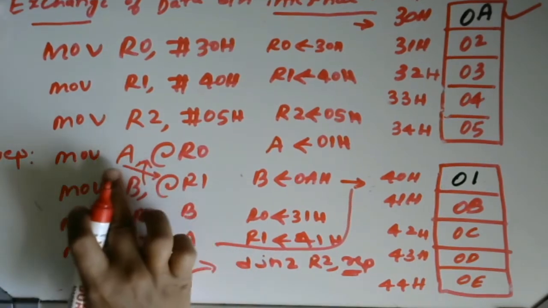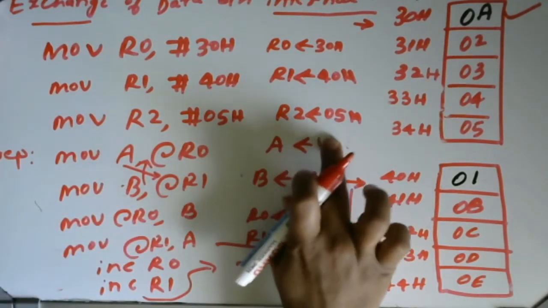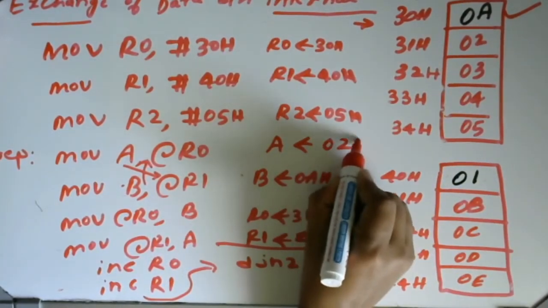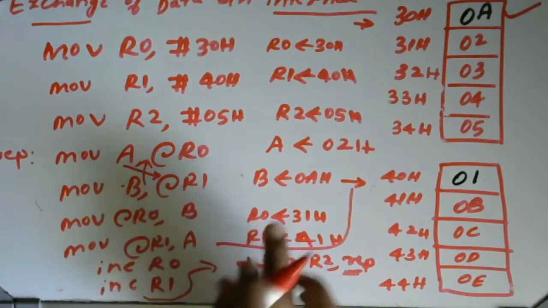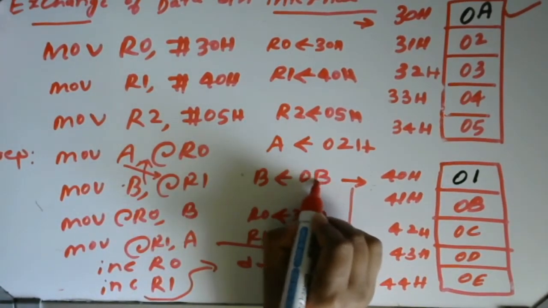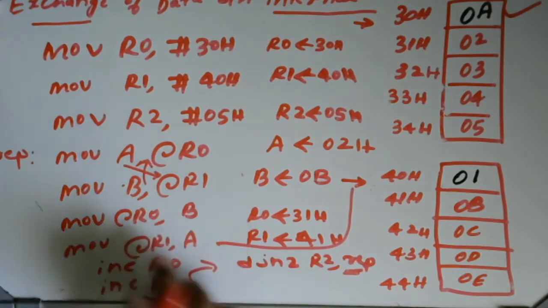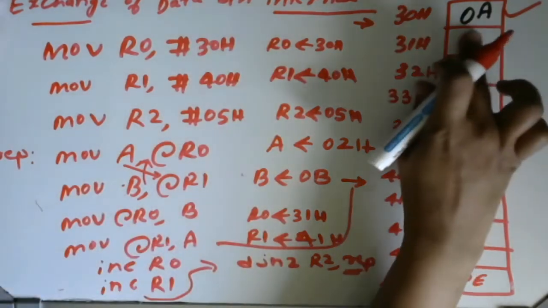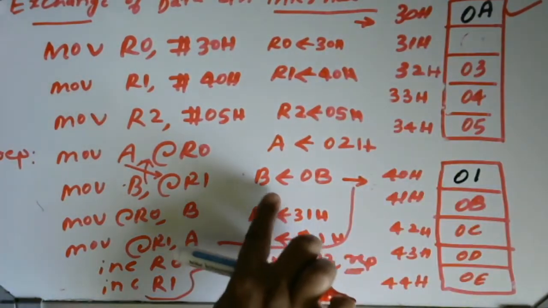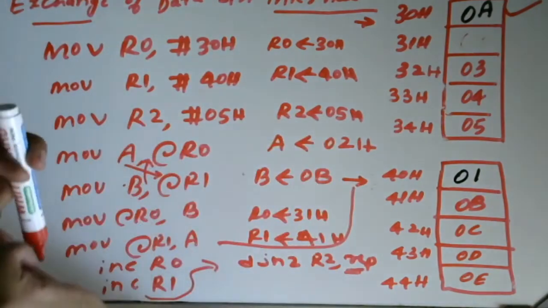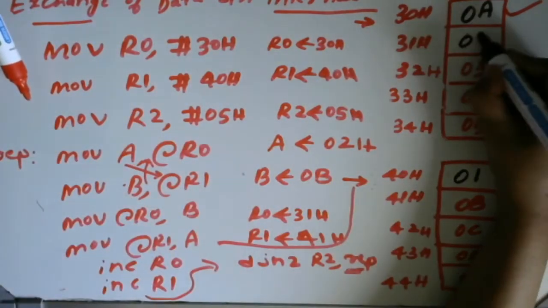So what happens when we do this instruction? The accumulator will be replaced with 02H, and B register will be replaced with 0BH. Then MOV @R0, B means 31H will be replaced with the value of the B register, which is 0B.